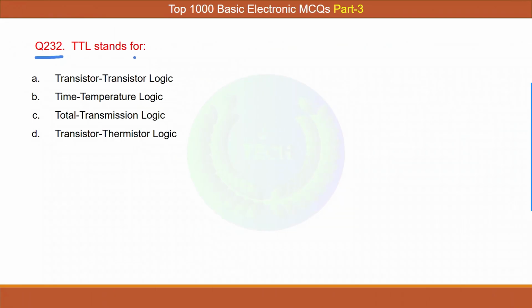TTL stands for option A transistor-transistor logic, option B time temperature logic, option C total transmission logic, option D transistor thermistor logic. The answer is option A transistor logic.